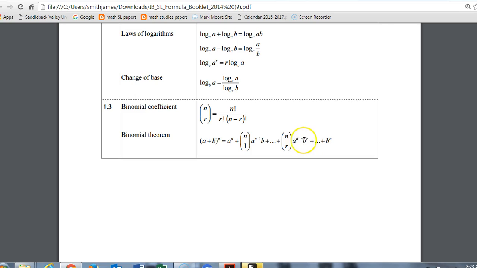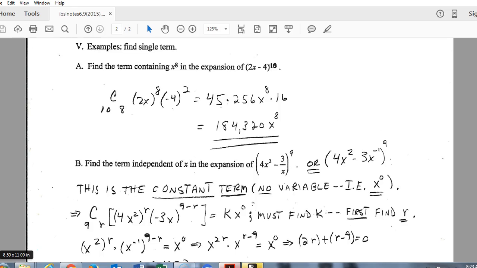So if you don't already have this down, identify this or write this down, and then let me show you how it's going to be used for our purposes. So here are 2 questions that formula would come in handy for. When it says find the term containing x to the 8th, again, they don't identify this as the first term, second term, third term.